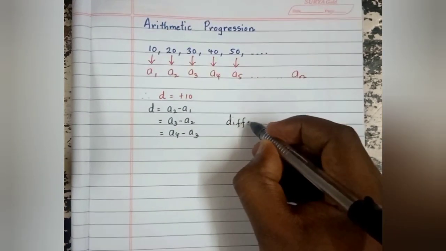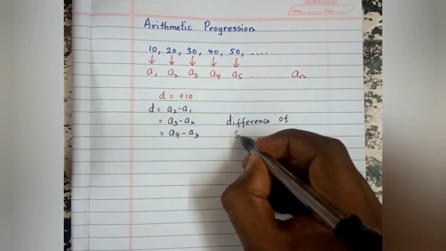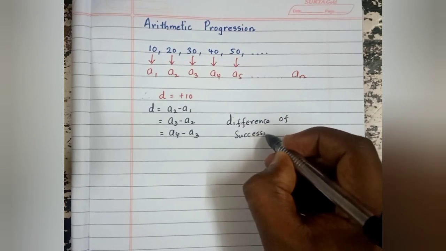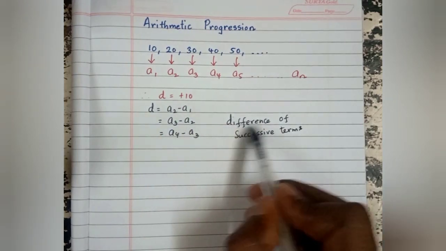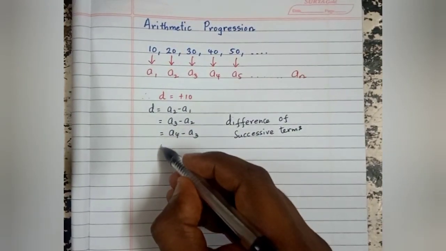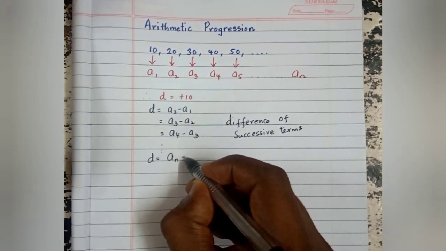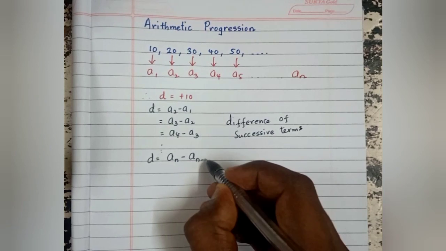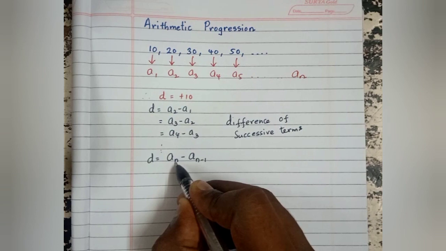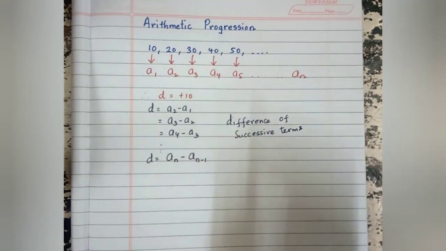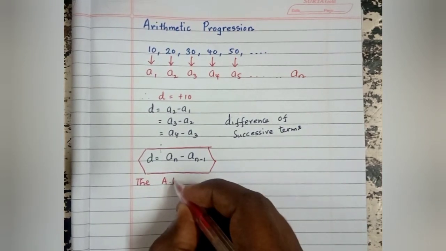Now I can say that common difference is the difference of any two successive numbers of the AP. Common difference is defined as the difference of any two successive terms. In general, the common difference is written as D equals An minus An-1.